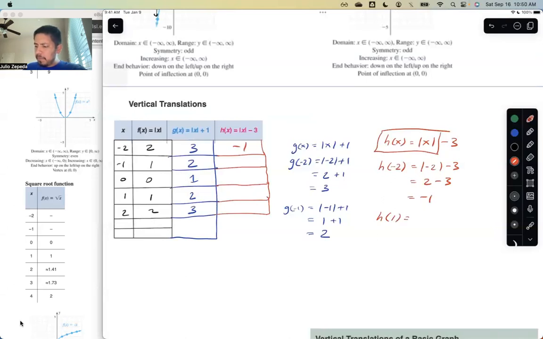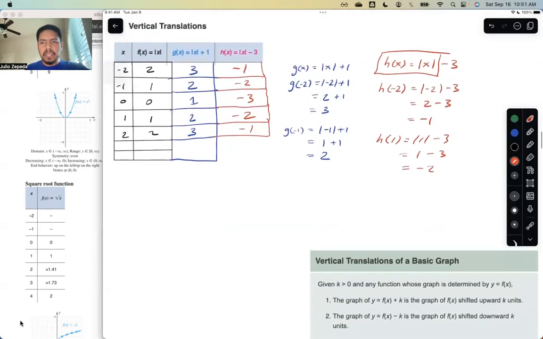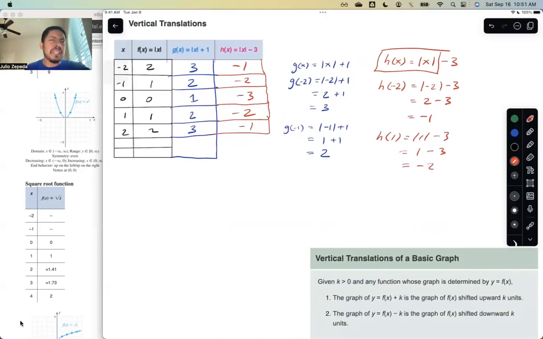Plugging in this x value, it is going to be the absolute value of 1 minus 3. The absolute value of 1 is just 1, minus 3 is just -2. Okay, and then we can plug in the rest of these x values. I won't walk through all of that, but they will be -2, -3, and -1.